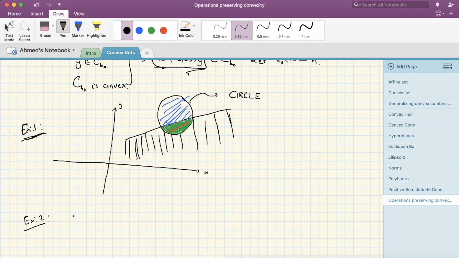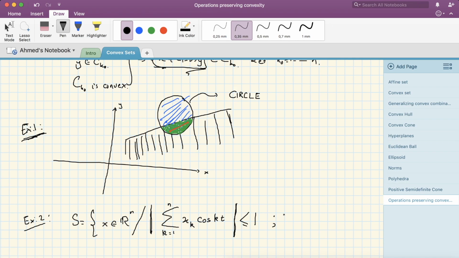So the following set: a vector x of size n, such that, here's where it's going to look dirty, the absolute value of the sum of xk cosine kt is less than 1. And we need one more thing: I think it's the absolute value of t being less than pi over 3.